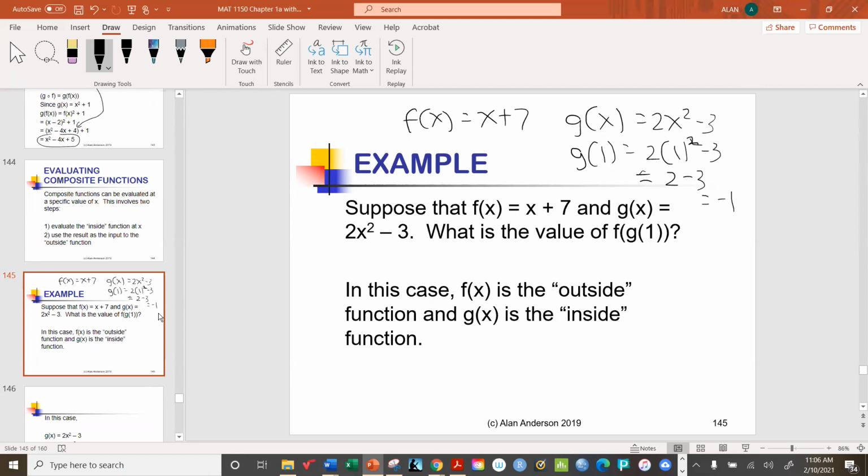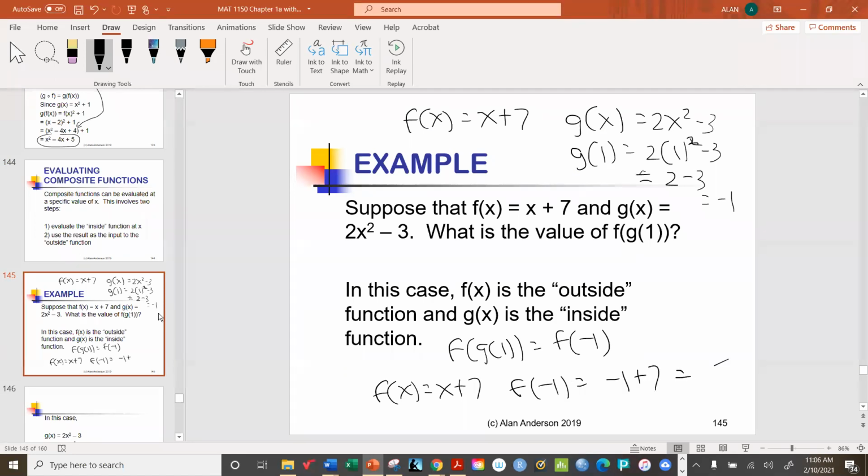So therefore, f(g(1)) is the same thing as f(−1). And since f(x) is x + 7, f(−1) would simply be −1 + 7, which is 6.